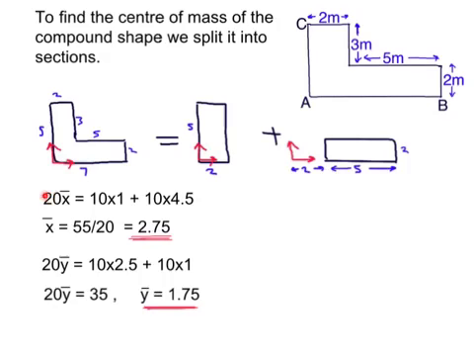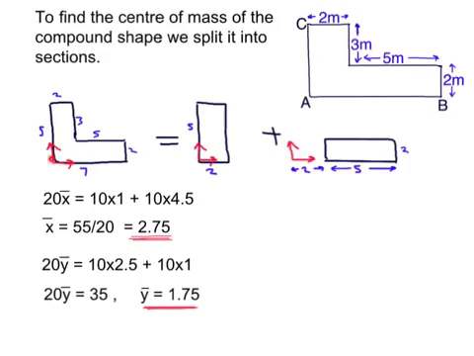So we've got the total mass, which is actually the area of all this, which is 20, equal to the mass of this, which is 10, times its distance from the coordinate axes here of 1, plus, now here's a mistake a lot of people make, it's all from that point there. When I've drawn the diagrams, I've purposefully kept my origin exactly where it should be.